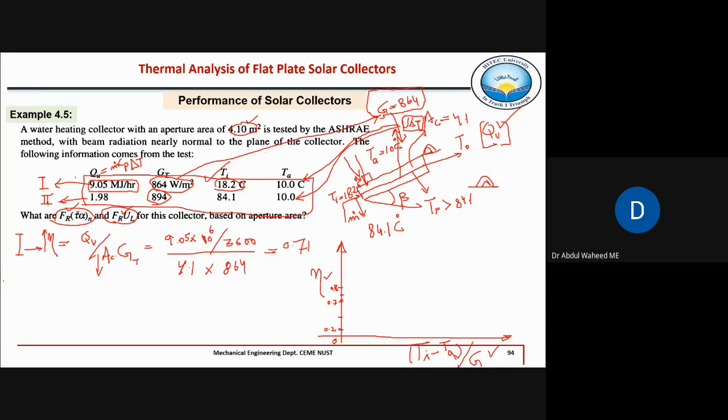So the x-axis is Ti minus Ta divided by G. Ti was 18.2, minus 10, divided by 864.